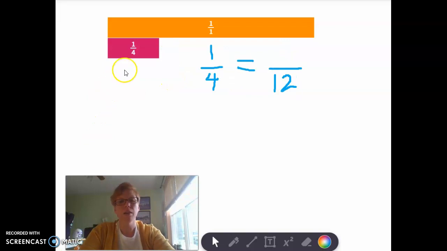Let's do a couple more. All right, I now have a 4th piece in front of me. I want you to put that in front of you. And I want to know how many 12ths fit into a 4th. So you're going to grab your 12th pieces and lay them underneath your 4th to figure out how many 12ths are in a 4th. I'll pause the video and do that as well. Well, for us to make equivalent fractions with 4ths and 12ths, I see that 4 times 3 is 12.